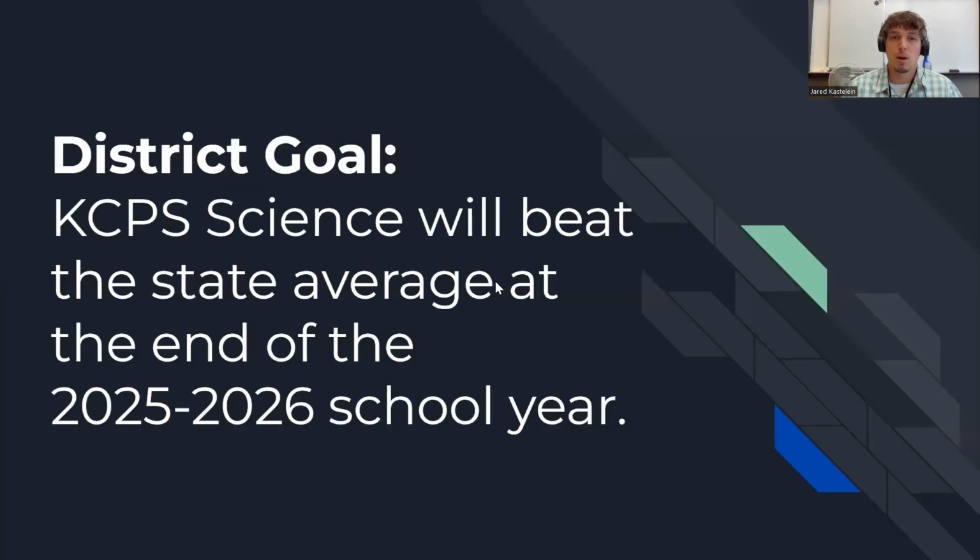What's really awesome about this goal is that we are going to beat the state average by the end of the 25-26 school year. When we're looking at the students that are going to test that year, remember this is a 3-year goal, they're our current 6th grade students. If we can really capitalize on building these students up in 6th grade, setting them up for success, they go on to 7th and 8th grade, we continue to focus and build in those scientific skills and practices.